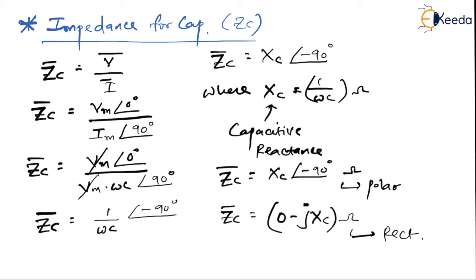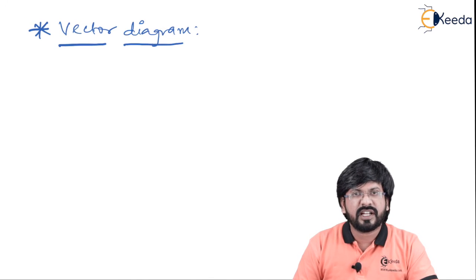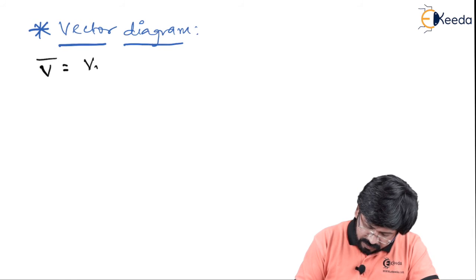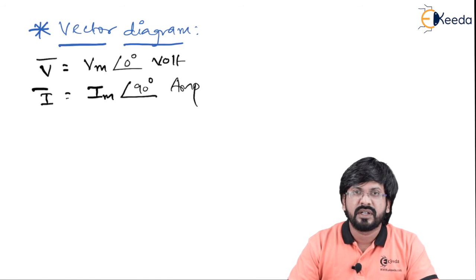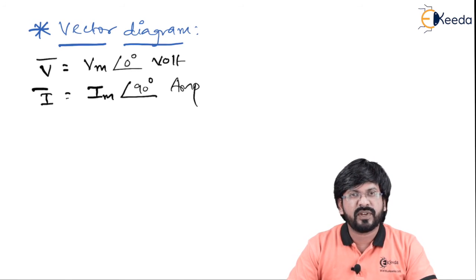Let's see how voltage and current will be related by using vector diagram. For drawing vector diagram, that is nothing but drawing V vector and I vector together, we should recall V vector. It was Vm at an angle of 0 degree and I vector as Im at an angle of positive 90 degree. This is volt, this is ampere, of course. Now with this, I am asking you whether do you find voltage and current are in the same phase?